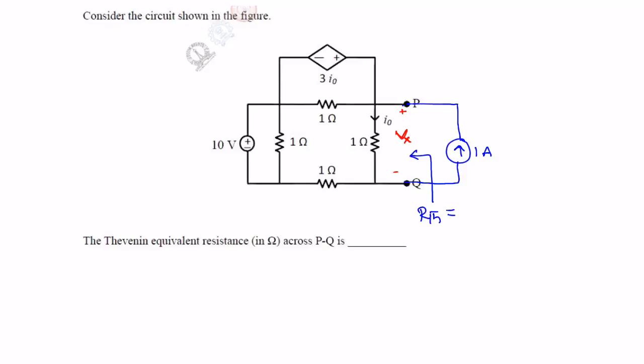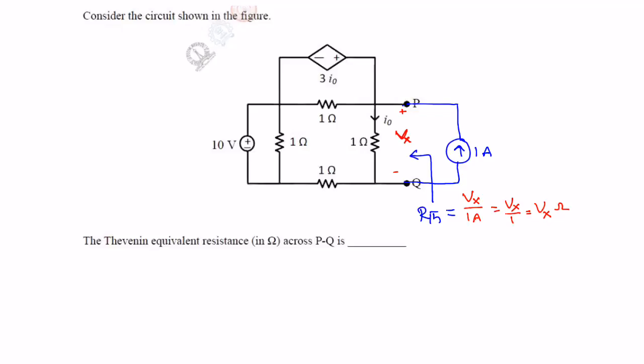So now RTH can be written as the voltage across PQ divided by the 1 ampere, so Vx divided by 1 ampere. So this will be Vx by 1. Simply, whatever the value of Vx, that will be RTH. Now you need to calculate Vx. If you calculate Vx, that is sufficient. Vx can be calculated from this one.